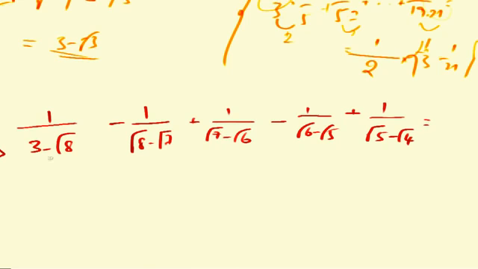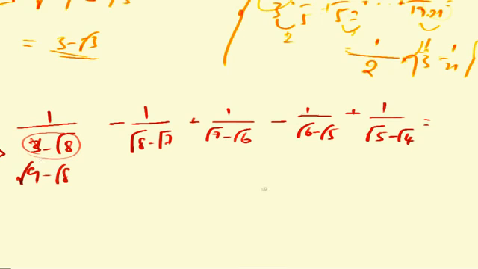Then how to solve this kind of problem? Friends, see this. This is root 3, I'll change it as root 9, and instead of this I'm writing root 8. Observe the problem: 9, 8, 8, 7.